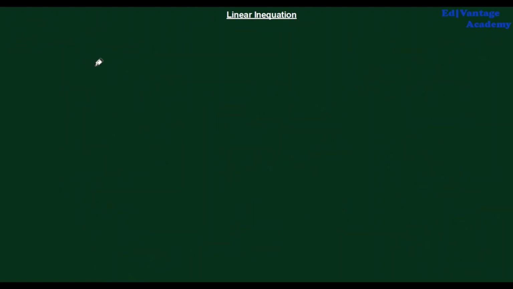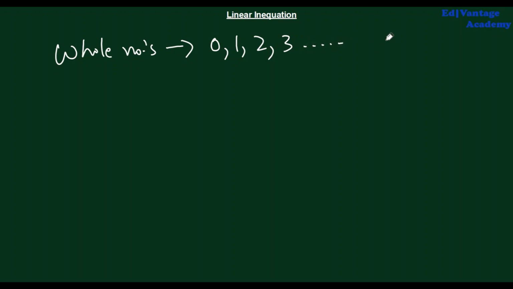Let us remind ourselves what whole numbers are. Whole numbers means numbers starting from 0, 1, 2, 3 and so on, going up to infinity. So whole numbers do not include negatives. It starts from zero and goes 1, 2, 3, 4 and so on.